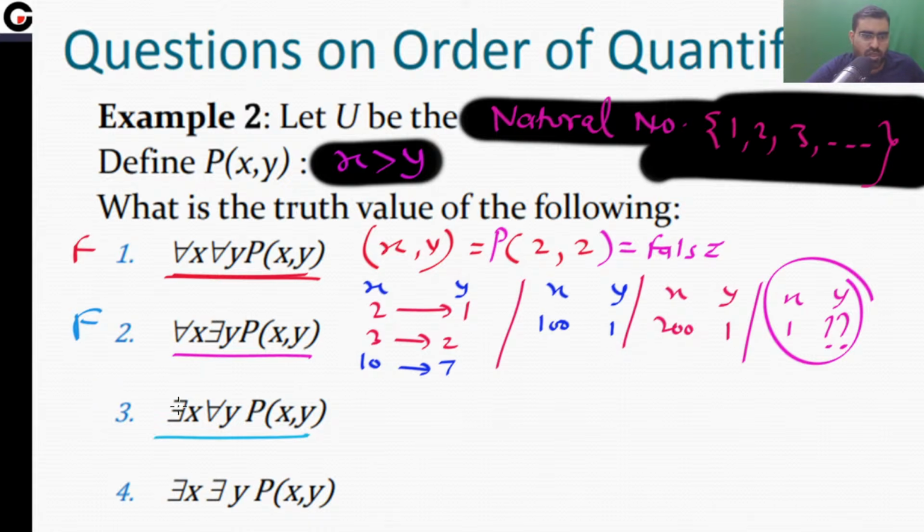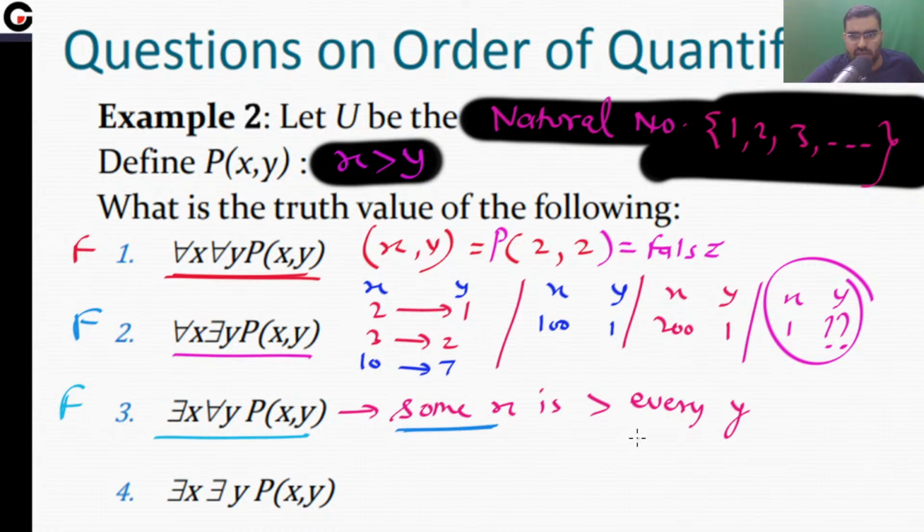What about this? There is someone who is for everyone. This is false, because the reason is very simple: it says that some x is greater than every y.